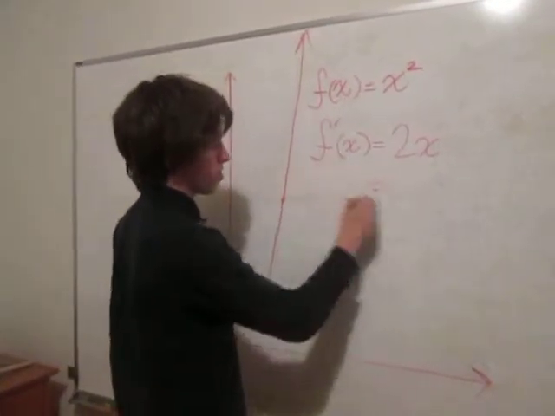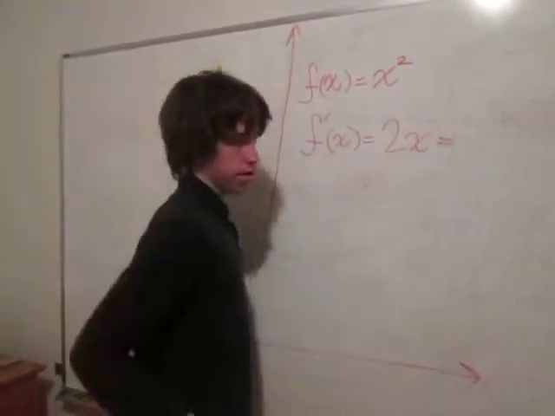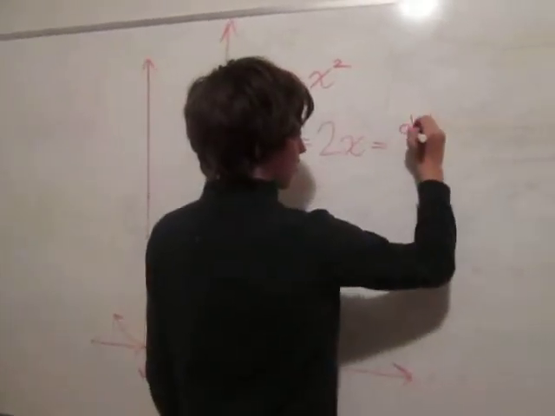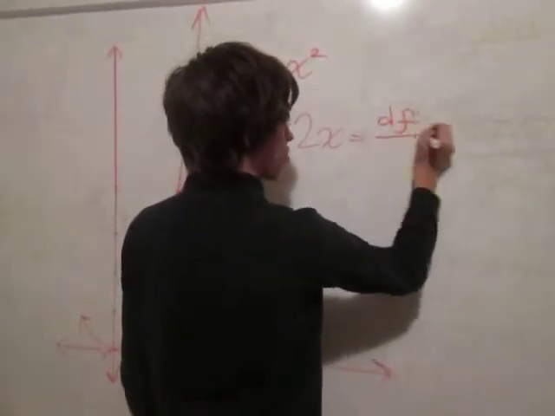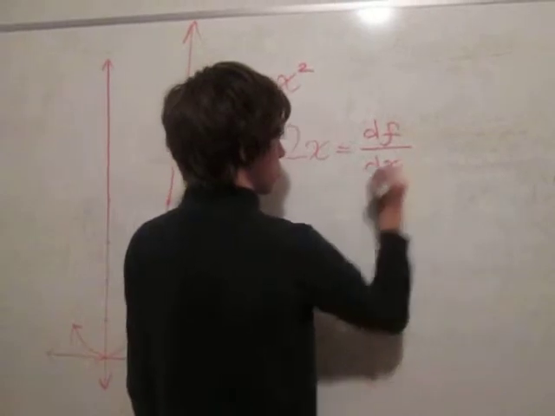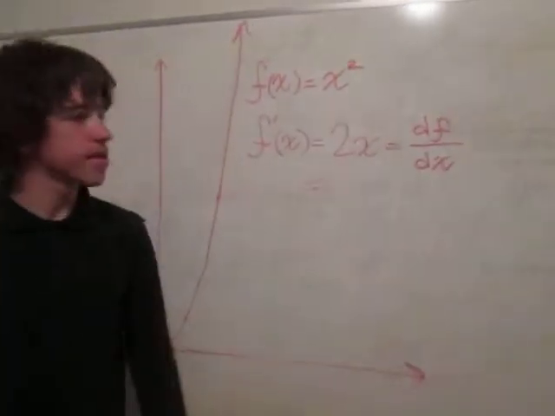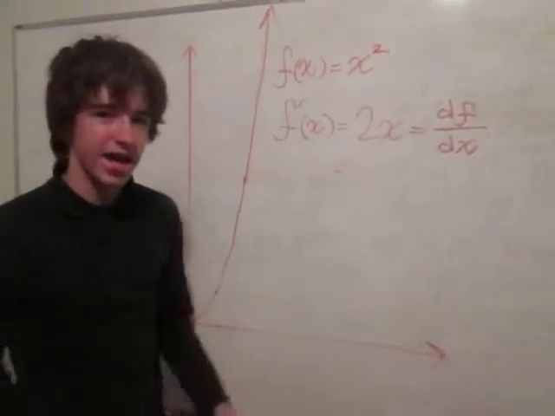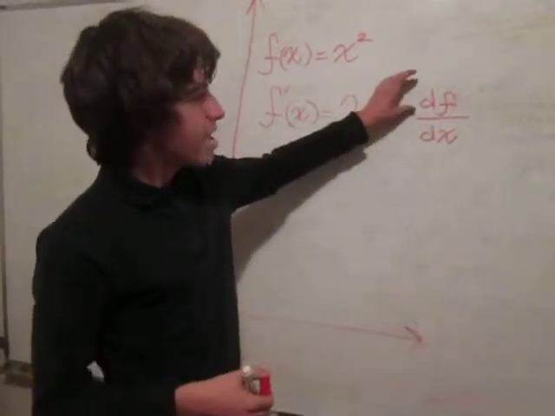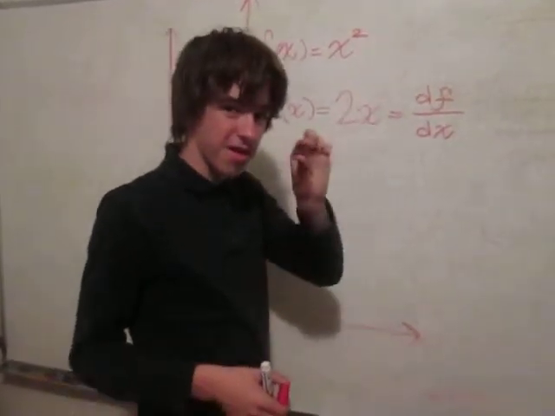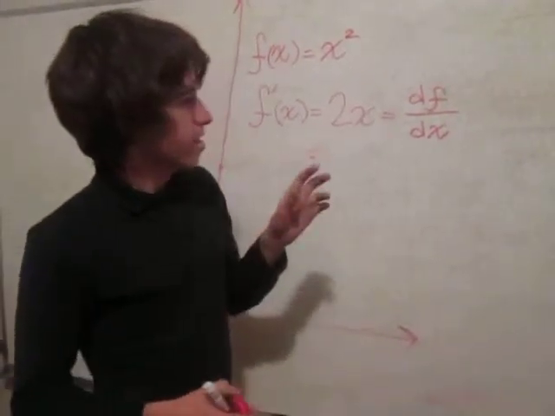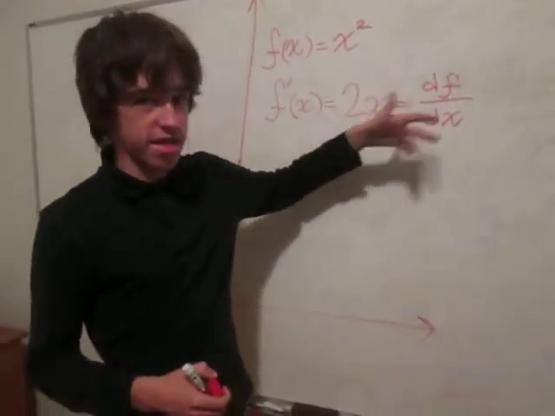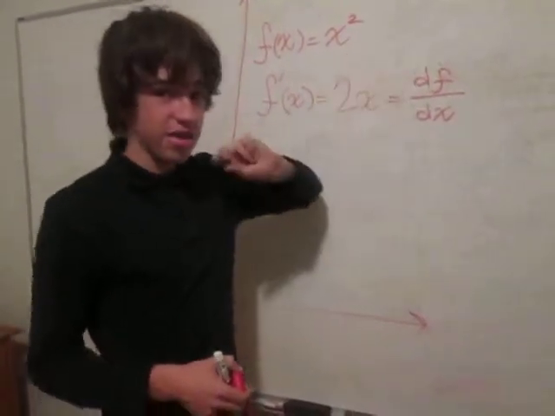this here is also equal to, some more notation, df over dx. And this, intuitively speaking, d means kind of an infinitesimal change.